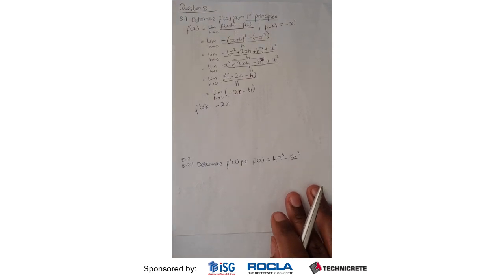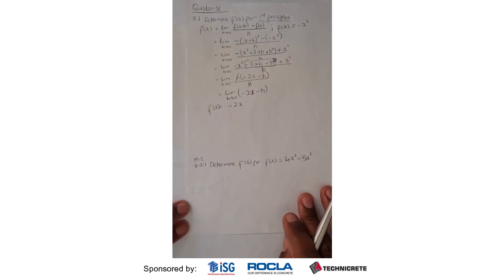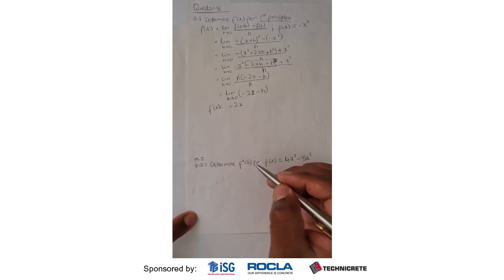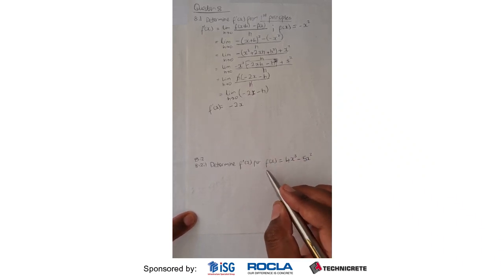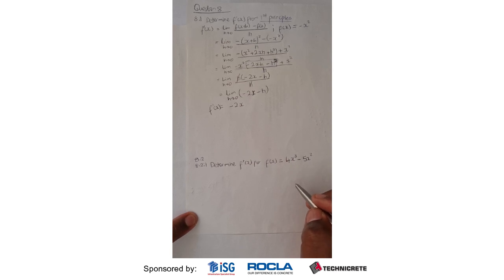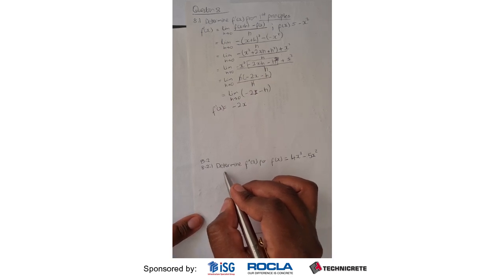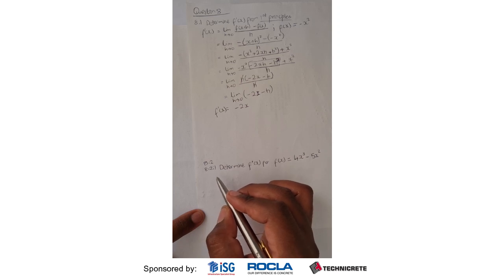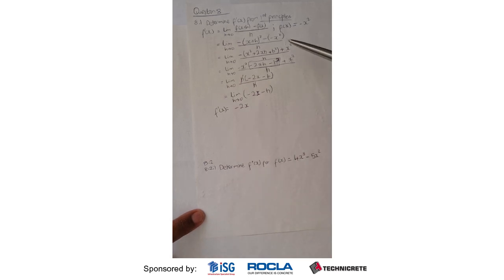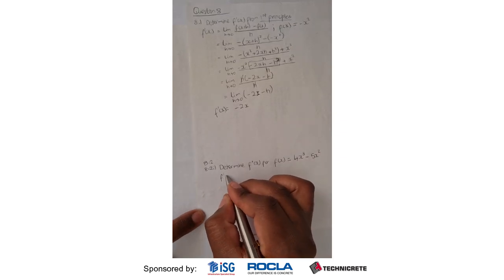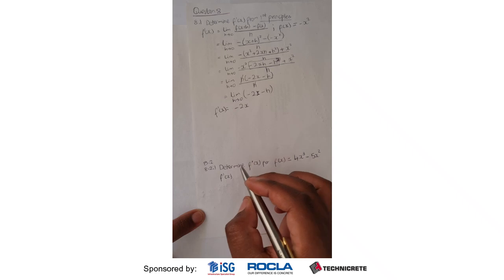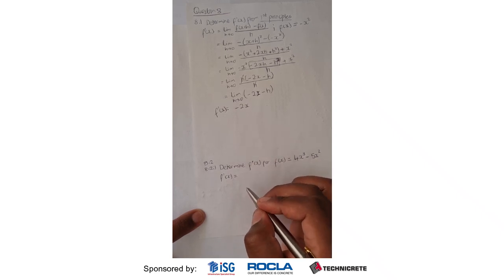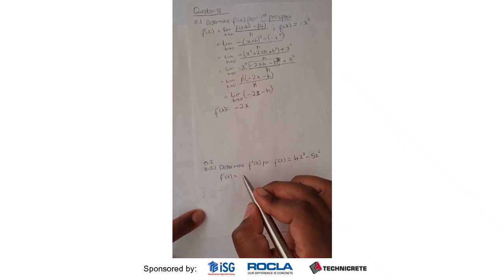Now, the next question is to determine f prime of x for f of x being 4x cubed minus 5x squared. Here they didn't say anything about using first principles, so we are going to do it the usual way of finding a derivative.